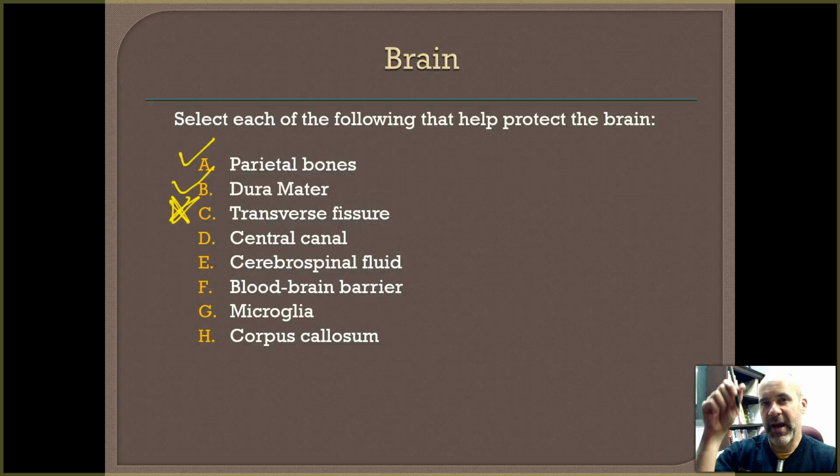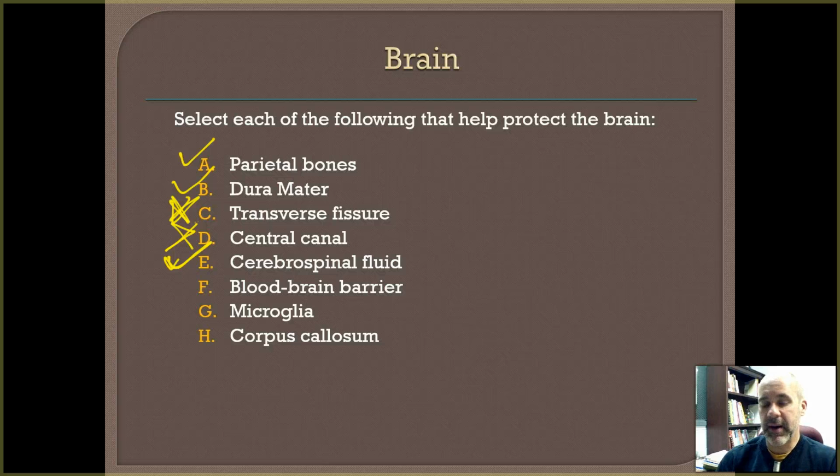That's the little passageway down the center of the spinal cord that contains cerebrospinal fluid, so I would say no on that one. Cerebrospinal fluid, yeah, that's one of its jobs, to help protect the brain. It provides a fluid for your brain to sit in and cushion it. You don't want your brain bumping up into your cranial bones really easily.